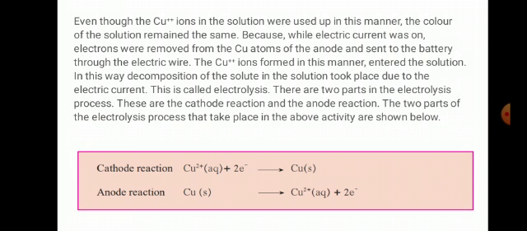Electroplating is done to alter appearance of the article. It provides a protective coating to the article. It gives the article special surface properties. Electroplating gives the article mechanical properties.